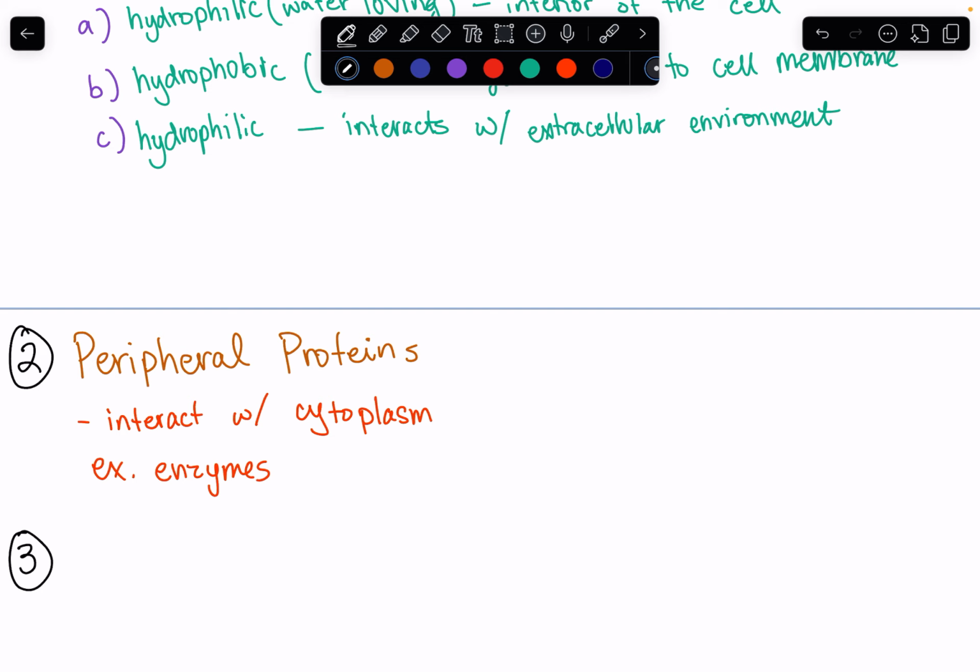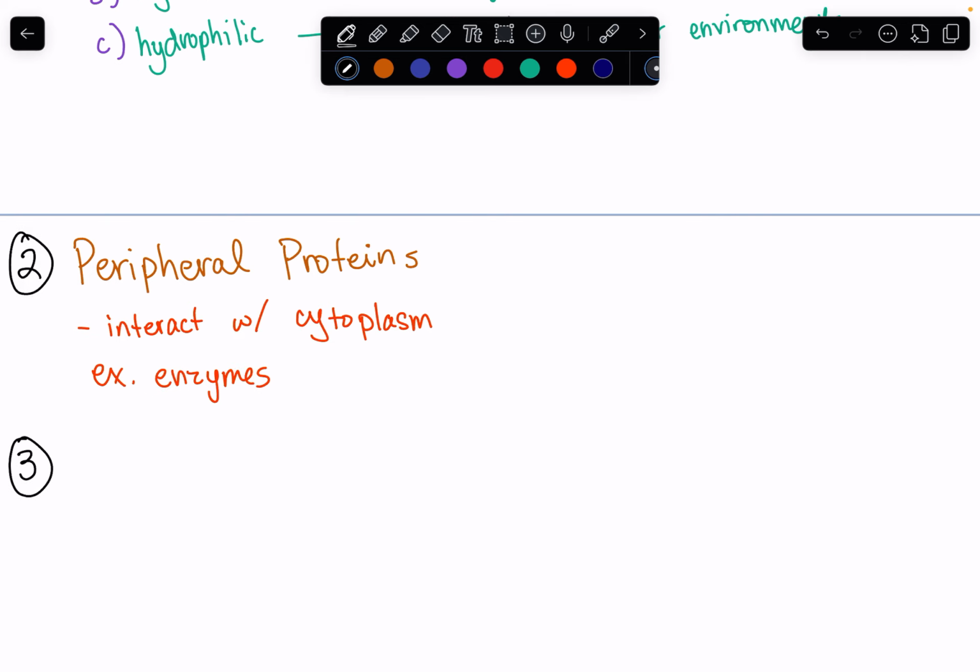And lastly, the third type of membrane protein that we'll look into are lipid-anchored proteins. Now, what are lipid-anchored proteins and where are they located?